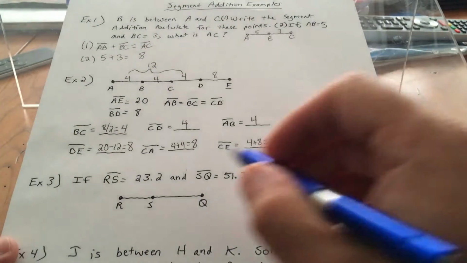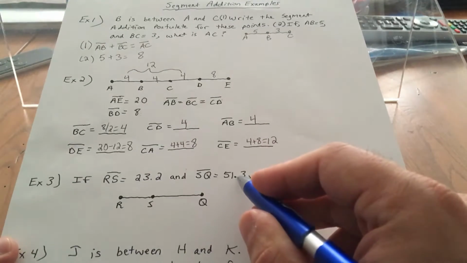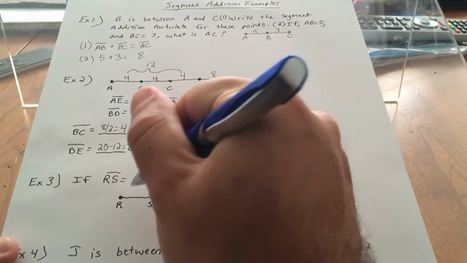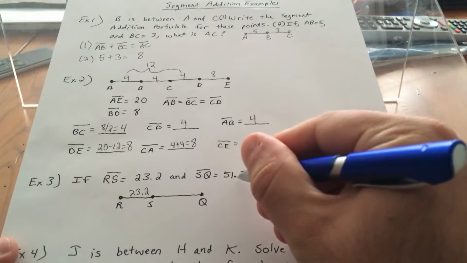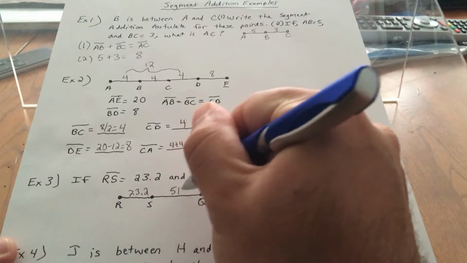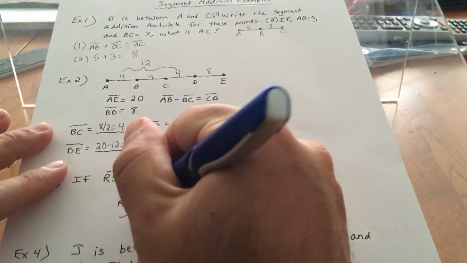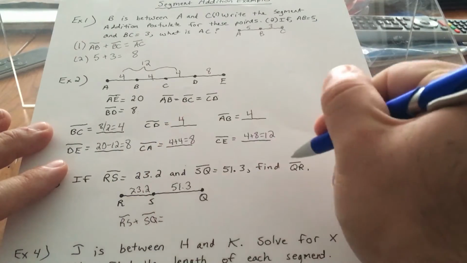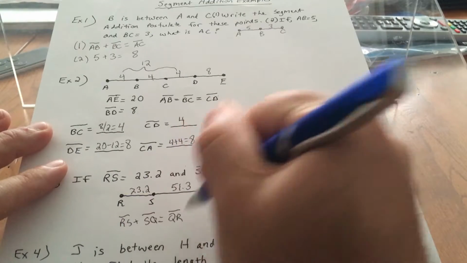Example 3. They give us RS is equal to 23.2, SQ is equal to 51.3, then what's QR? Well, RS is 23.2. It helps if you write it on the drawing. SQ is 51.3. And they want to know the length of the whole thing. So obviously, RS plus SQ is equal to QR, right?